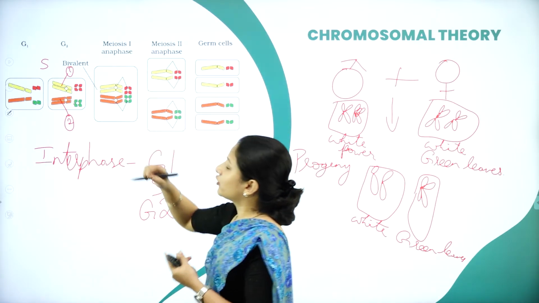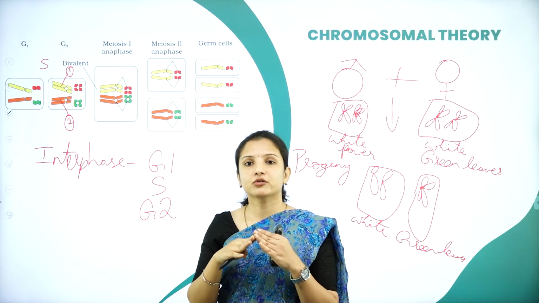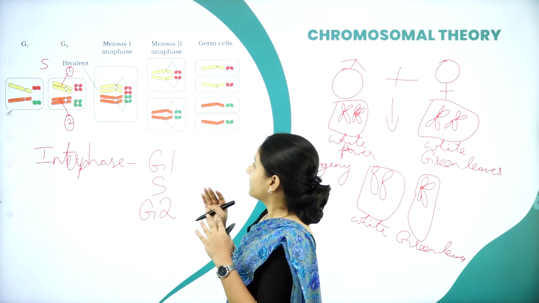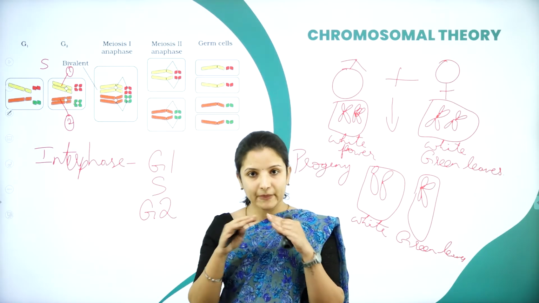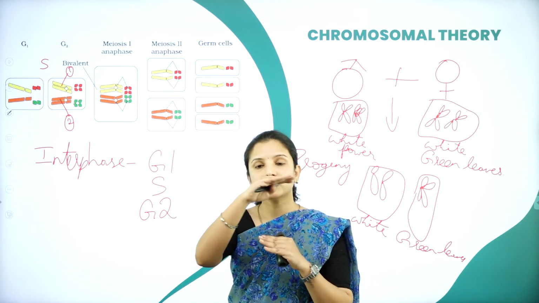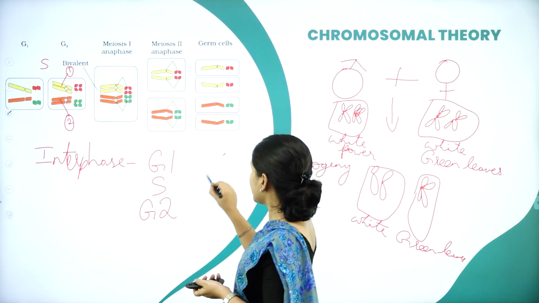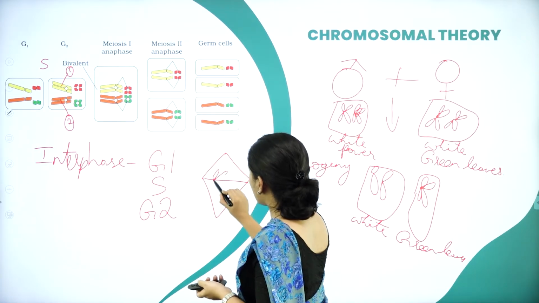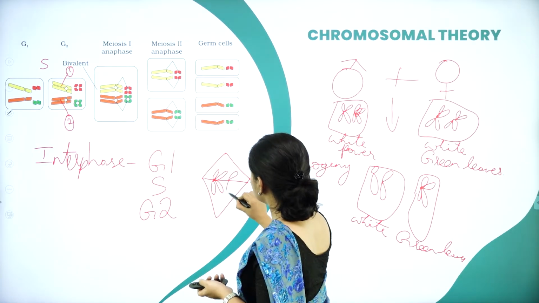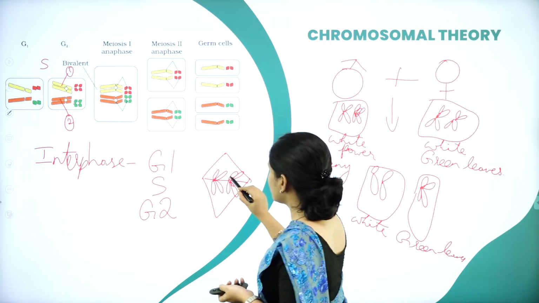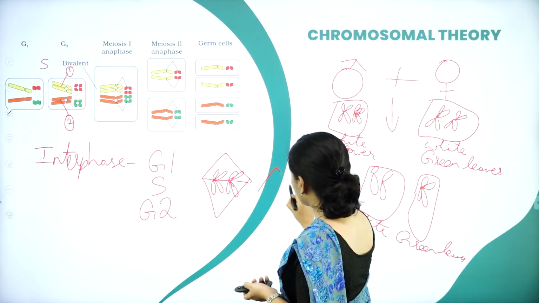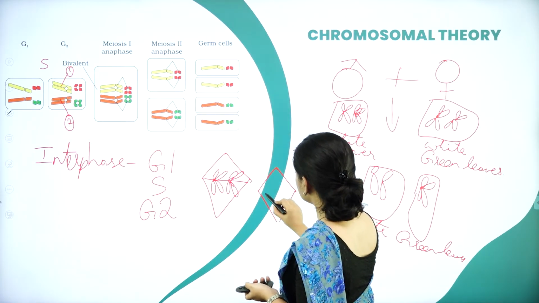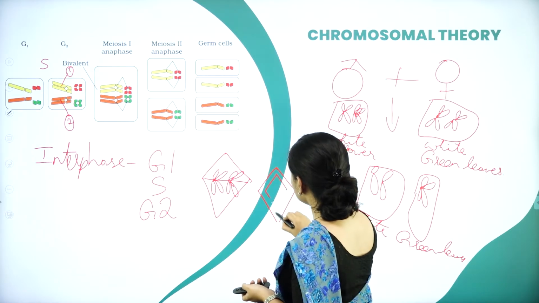Then they will undergo meiosis, and before that there is a stage called metaphase. In the metaphase stage, all the chromosomes align in one equatorial plane. After they align, the homologous pairs start to segregate through the spindle fiber.